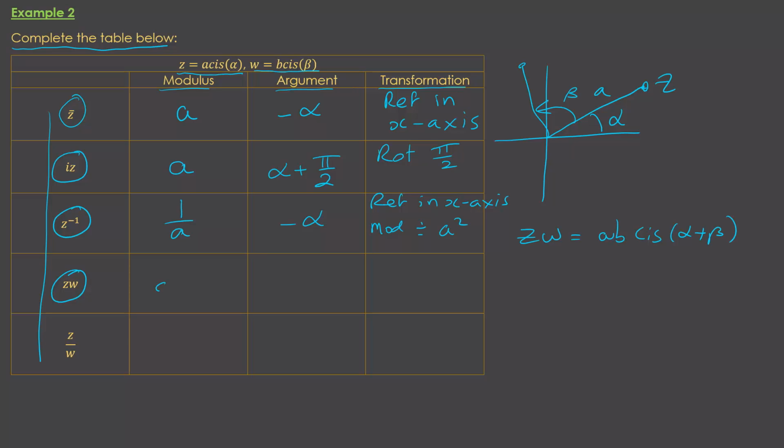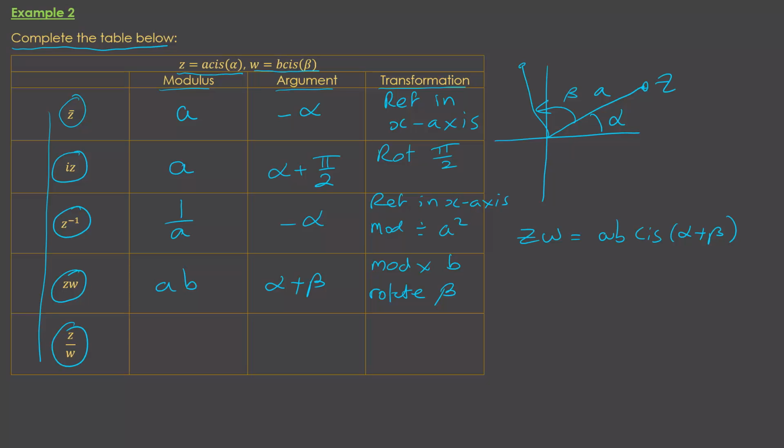So the modulus is AB, the argument is alpha plus beta, and we have modulus multiplied by B and rotate by beta. Giving that as positive beta means it would be anti-clockwise. Obviously, if beta is a negative angle, it will go clockwise.